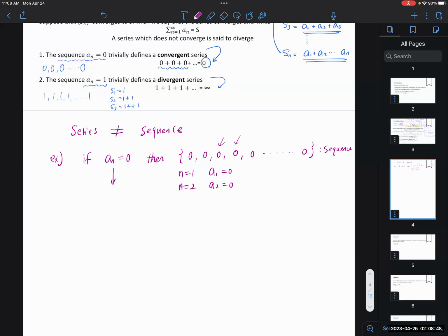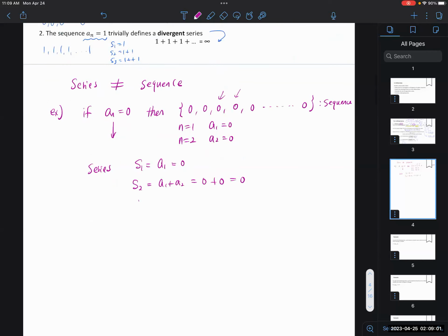I'm talking about series. So S1 is going to be A1, which is 0. S2 is A1 plus A2, okay, 0 plus 0, still 0. S3 is A1 plus A2 plus A3, you are adding 3 numbers, okay, 0. Therefore, Sn is A1 plus A2 plus A3 and so on, you're going to keep adding 0.